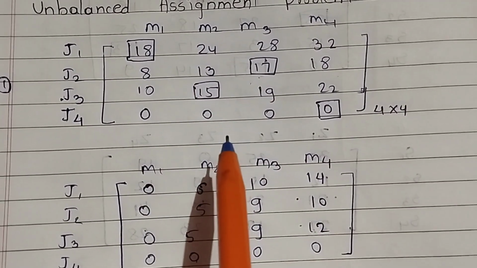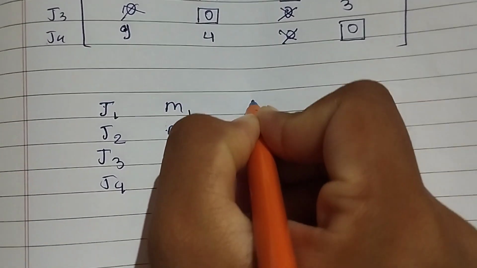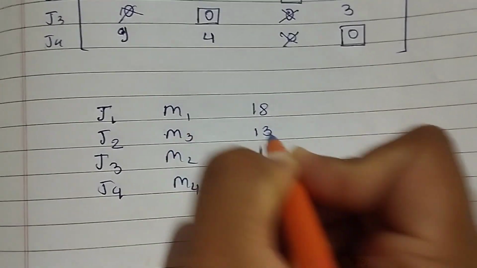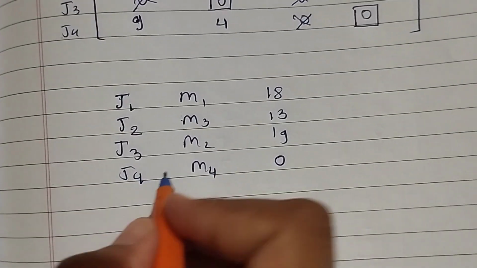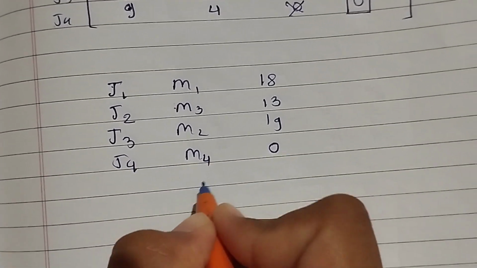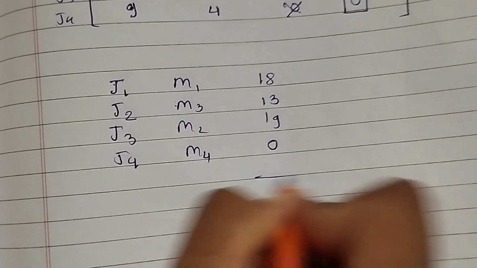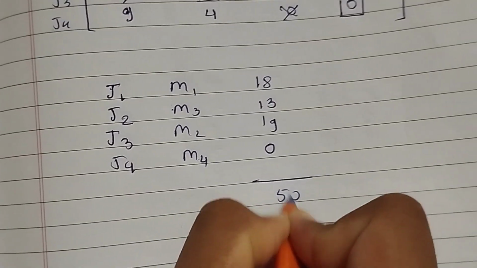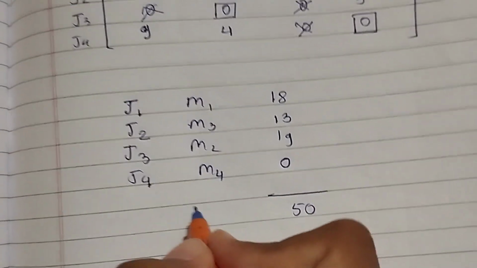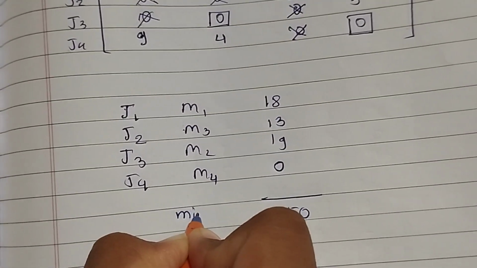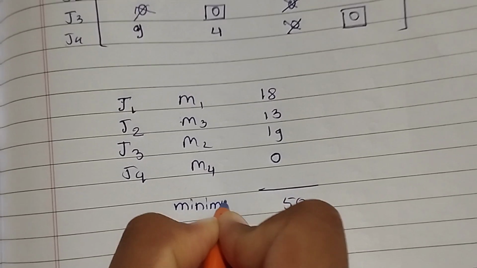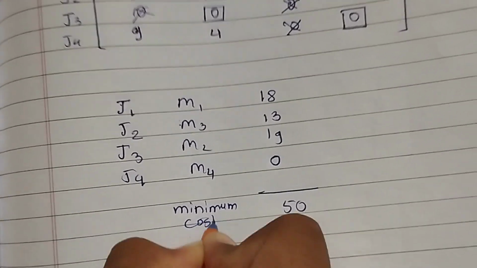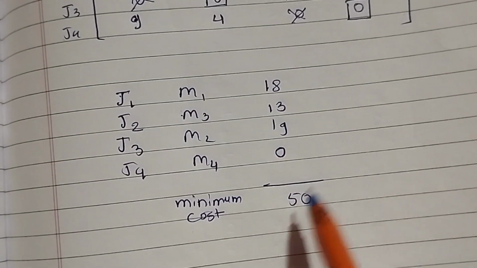These are the costs, so we write here 18, 13, 19 and 0. The total cost is 50. So the minimum cost of the machines for the jobs is 50.